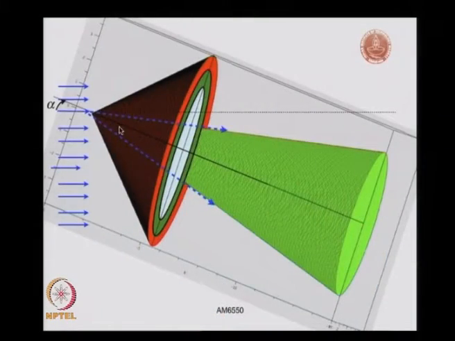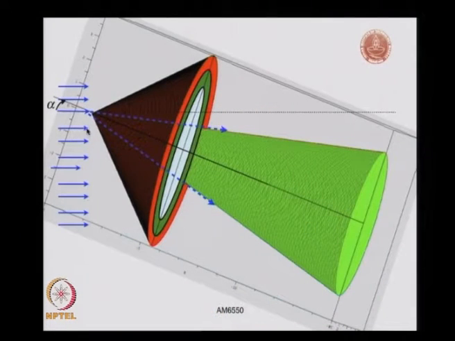The rest of it, if you think of the cone, you have the free stream which comes, and from the bottom of the cone it will curl around. If you look at this free stream, it will come here.